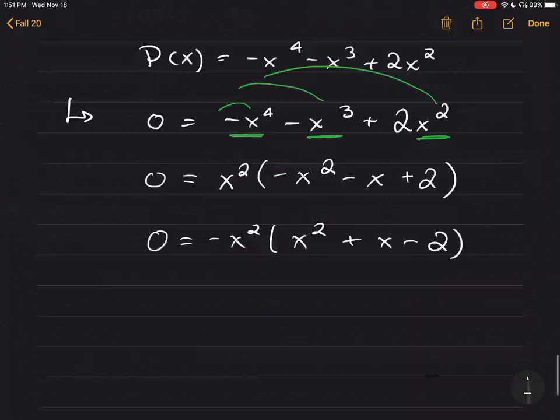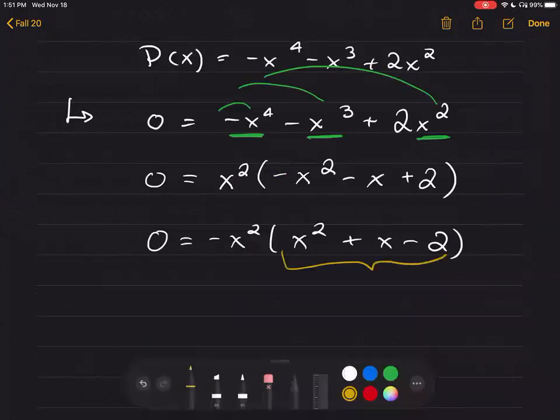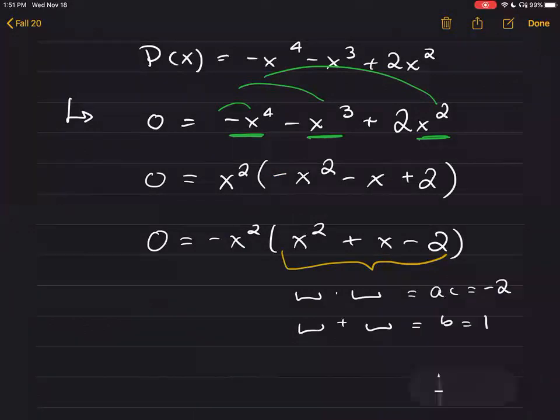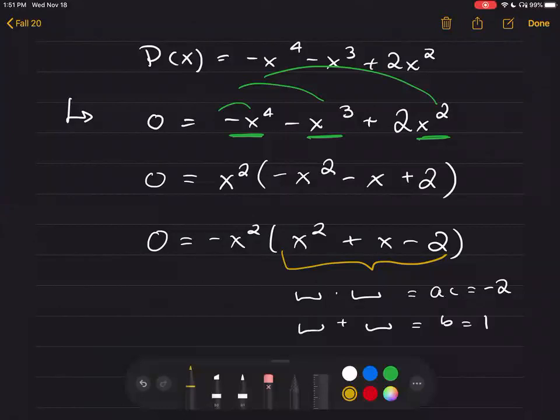And so now we just need to focus on factoring this, which we know how to do. We can use many different methods, but I'm just going to use the AC method today. So AC equals negative 2, since A is 1 and C is negative 2, and B is just 1. The two numbers that fit are 2 times negative 1 is negative 2, and 2 plus negative 1 is 1.